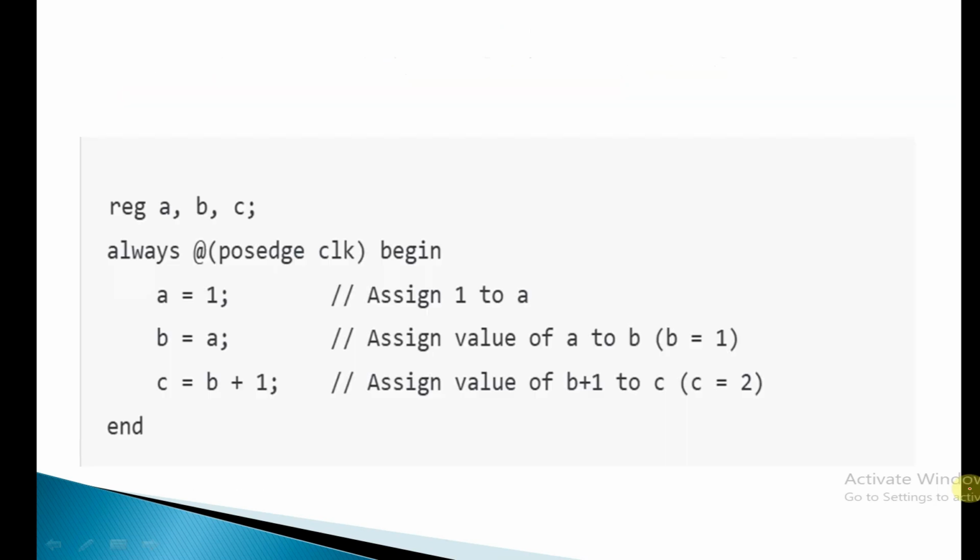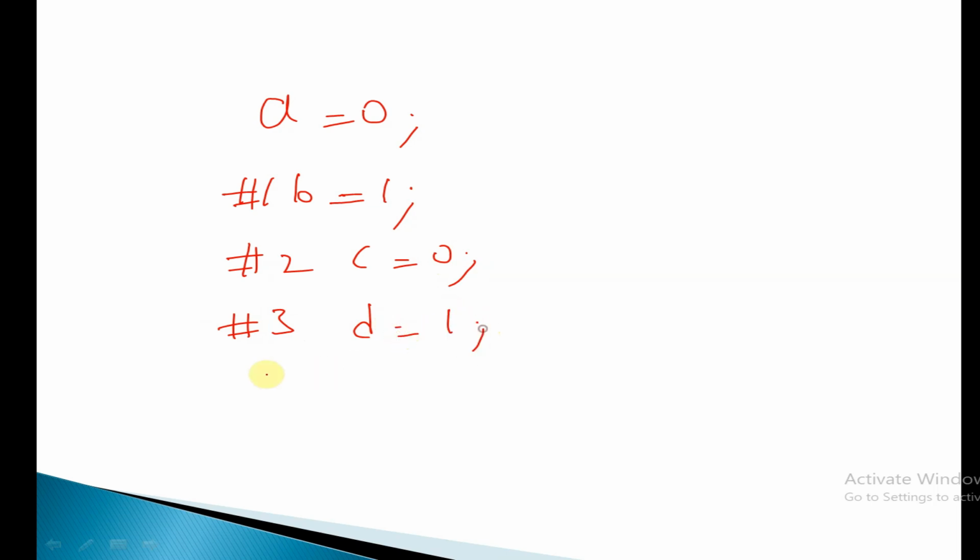Let's say we have written a = 0, #1 b = 1, #2 c = 0, #3 d = 1, and #5 e = 0, and f = 1. Now tell me at what time f = 1 is executed.